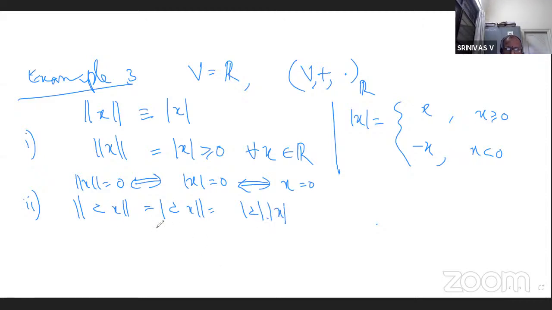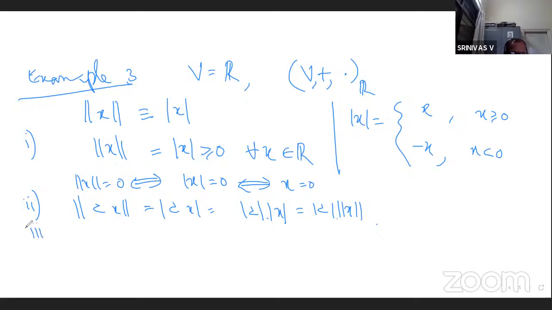So the norm of cx is mod cx, which is mod c times mod x, since the modulus of a product is the product of moduli. Now mod x can again be written as norm x. That's how the second condition of the definition of norm is satisfied: norm of cx is mod c times norm x.